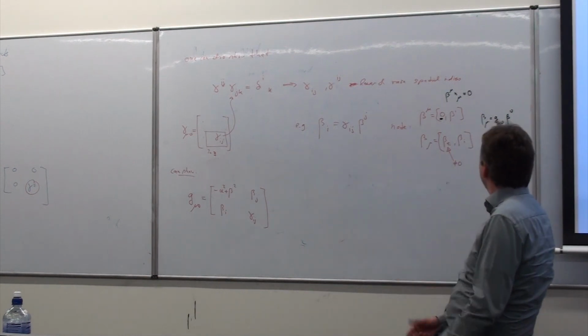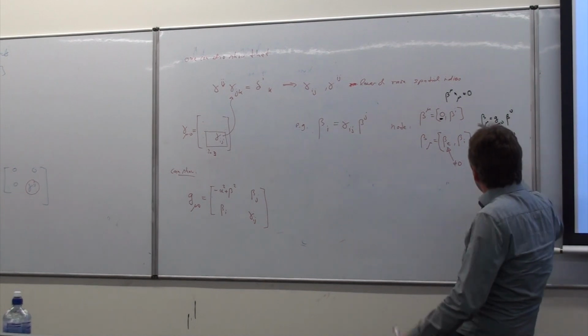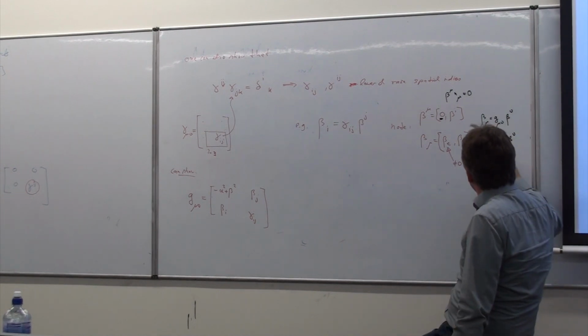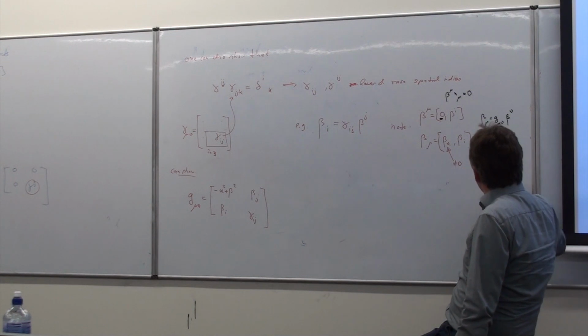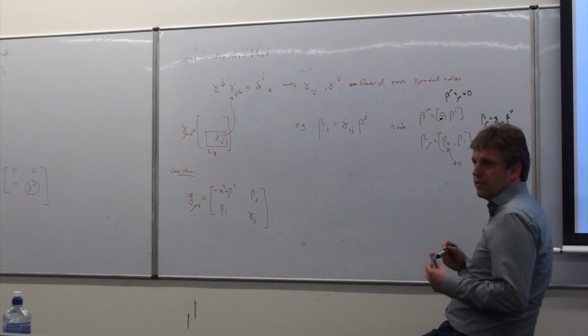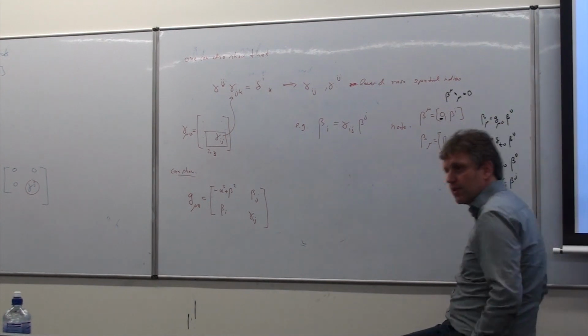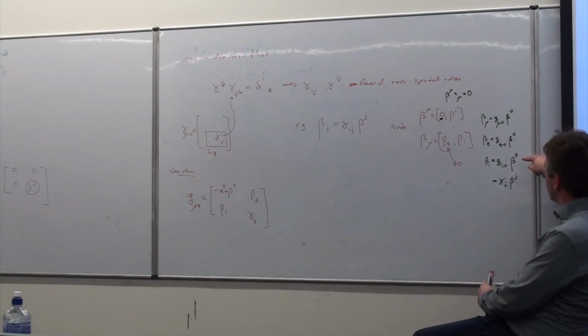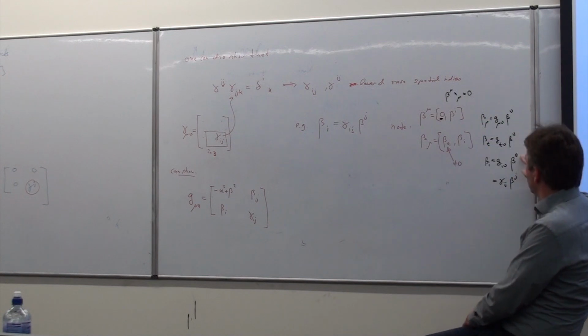You can compute the beta t like this, and you can compute the beta I either by G I nu beta nu or by gamma ij beta j. And that happens to be the same answer. Because first beta nu 0 vanishes, so you only have the G ij terms here.